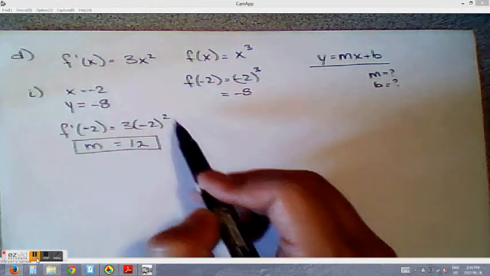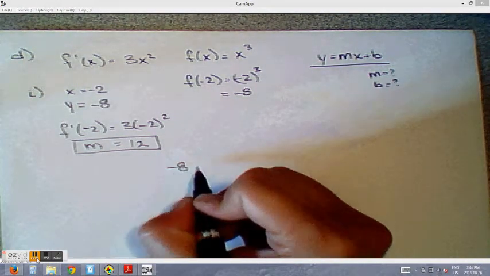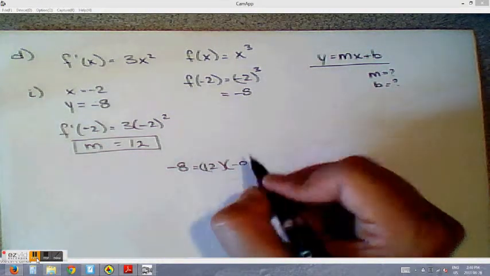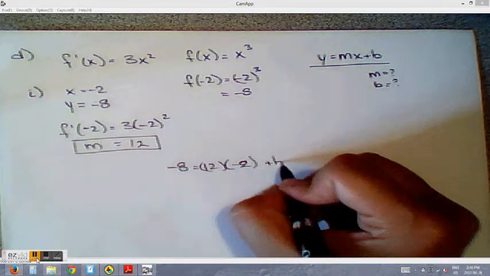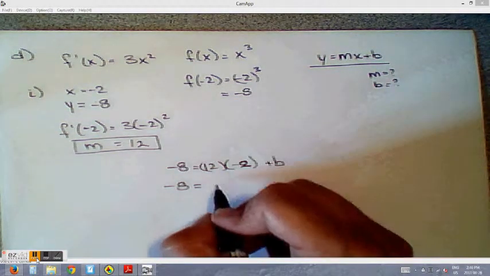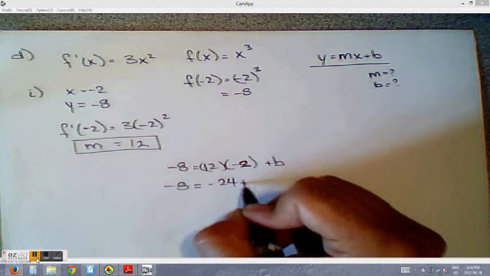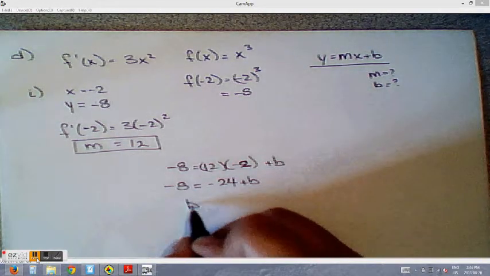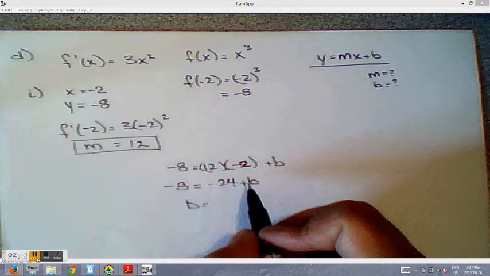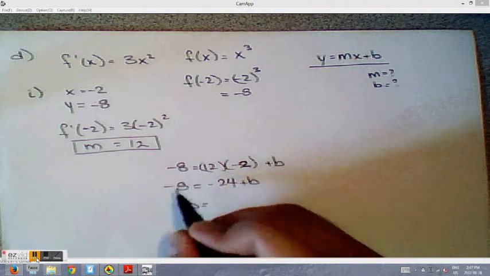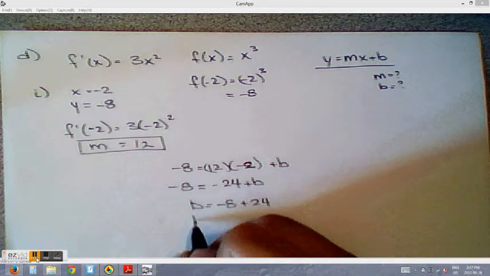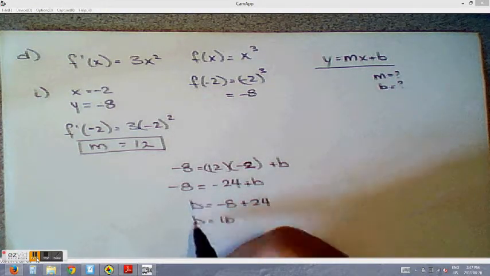We say -8 is equal to 12 times -2, plus b. That leaves us with -8 equals -24 plus b. Bringing them over to the same side, plus 24, b is equal to 16. There's our b.